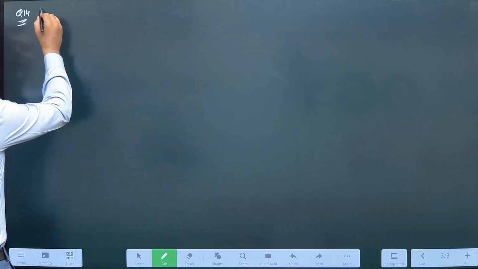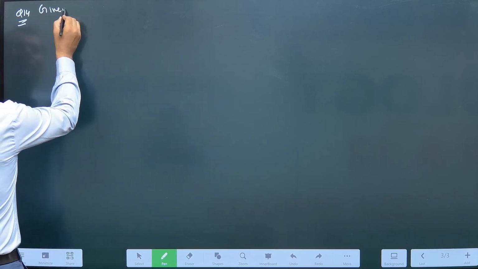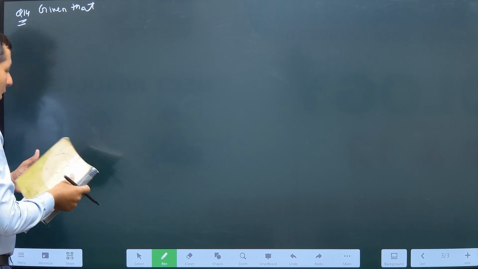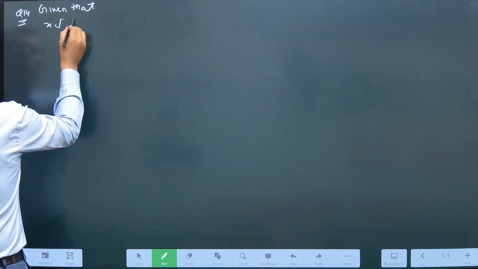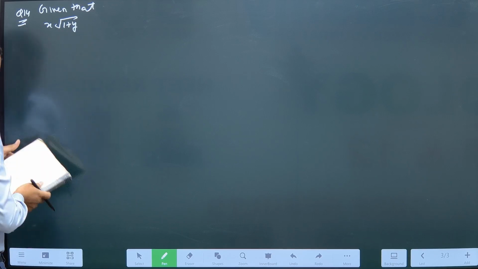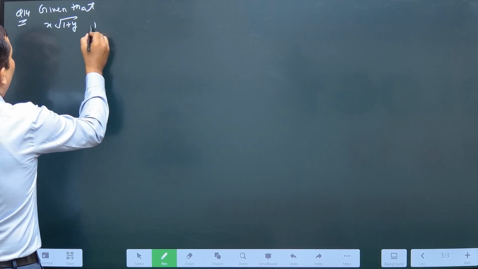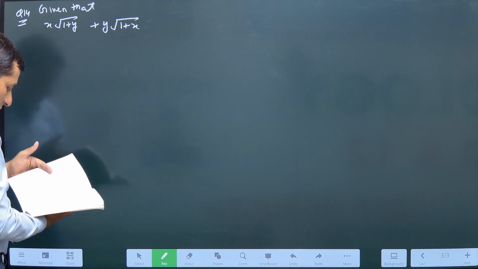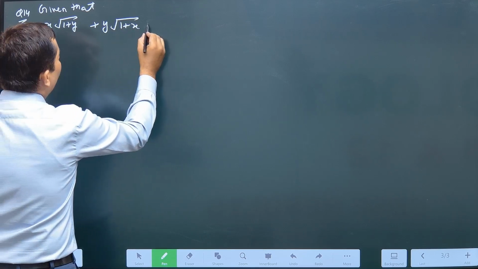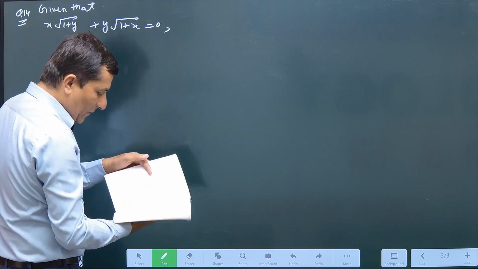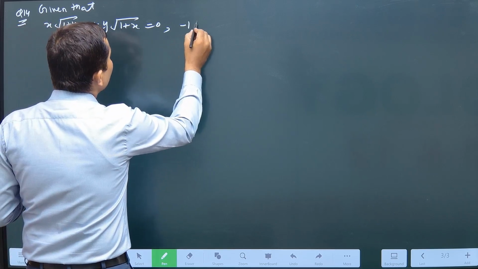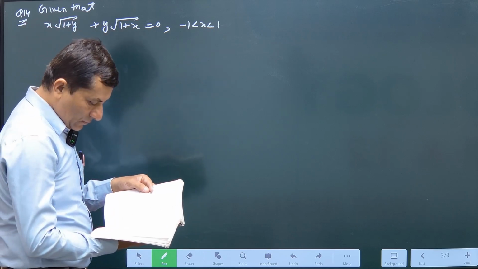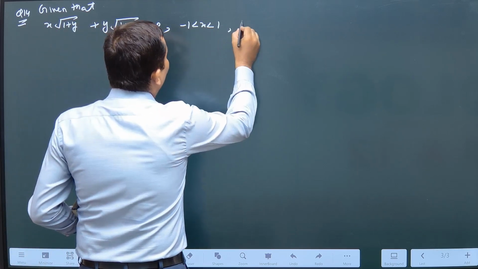Write down here, given that x root 1 plus y plus y root 1 plus x is equal to 0, and it lies between minus 1 less than x less than 1.